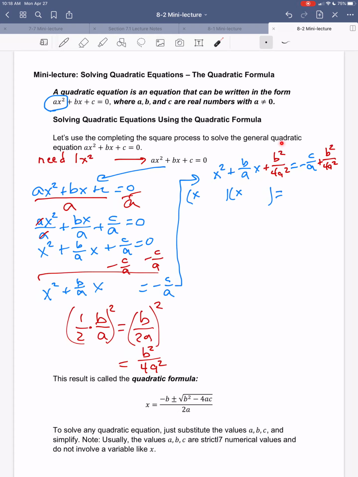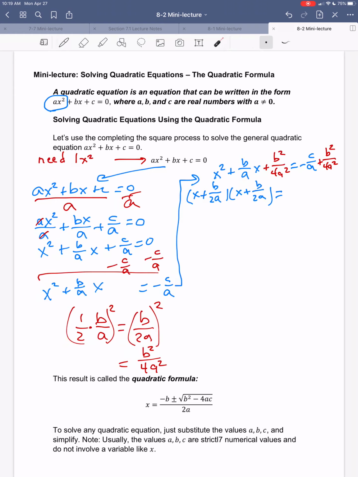Think about, where did this come from? Well, this came from down over here. Where did that come from? It had b over 2a squared. So that's b over 2a times b over 2a. And that's just what I put here then. b over 2a, b over 2a.